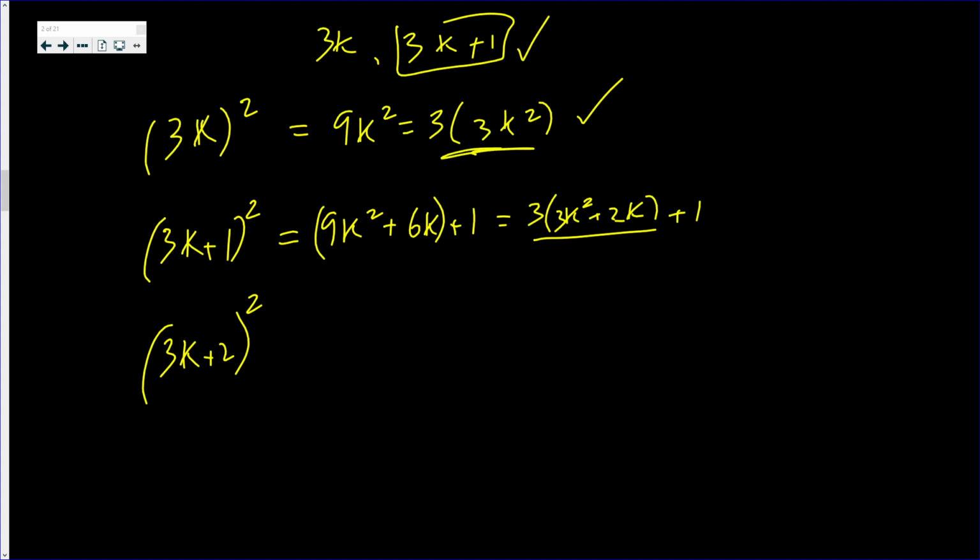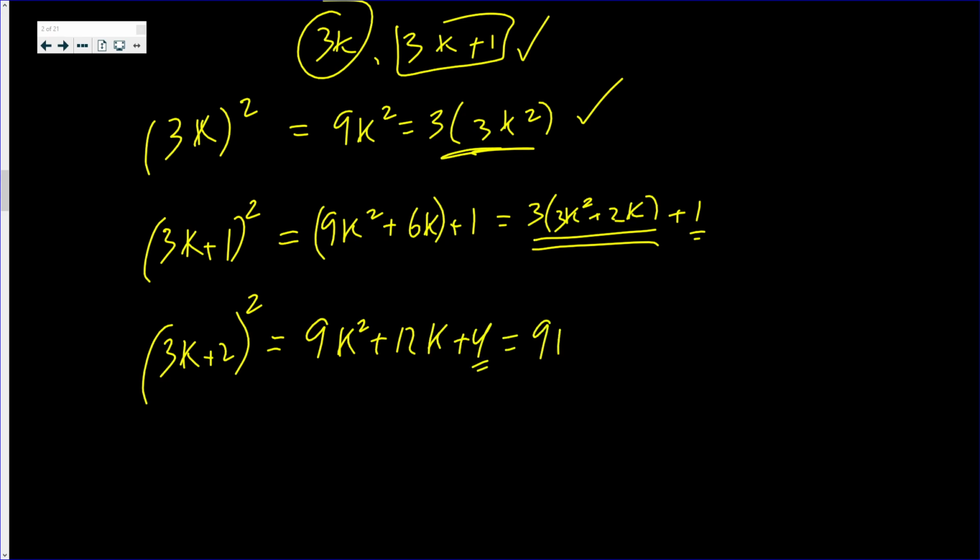Actually, when I said this one, I should have said it was in the form of 3 times an integer. And this last one is 3 times an integer plus 1. This one is 9k squared plus 12k plus 4. Well, think of the 4 as 3 plus 1, because everything else in that bracket, other than the 3, is a multiple of 3. That is, everything is a multiple of 3 in that bracket.